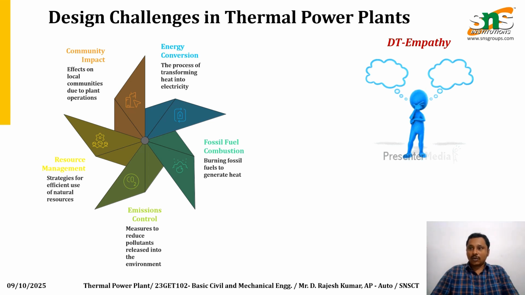So this is also one of the challenges in constructing a power plant. It can create respiratory issues for human beings. So we must plan our power plant as an eco-friendly and environmentally friendly power plant.